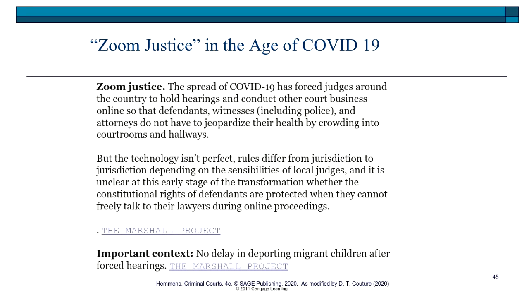And it's not clear that in this process, defendants are getting the same due process rights that they would if they were not being live recorded before a judge. Obviously, it's hard to confer with your attorney under these circumstances.